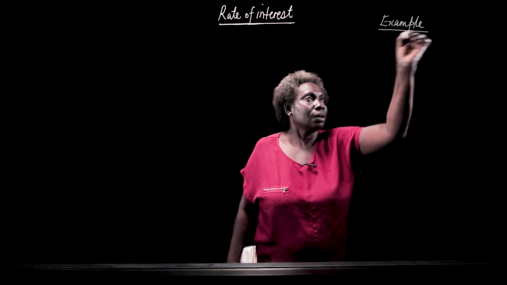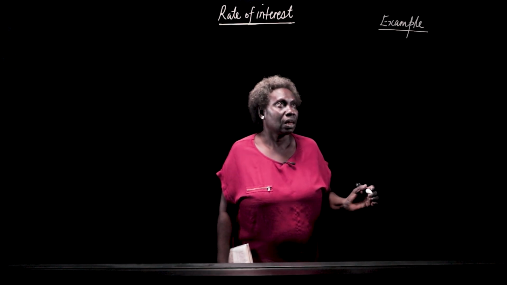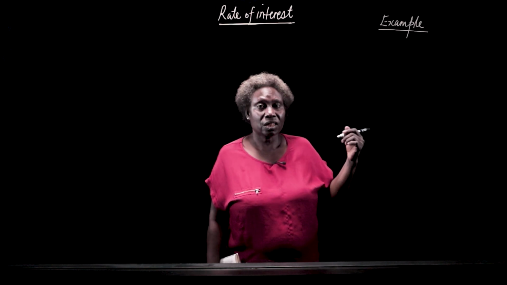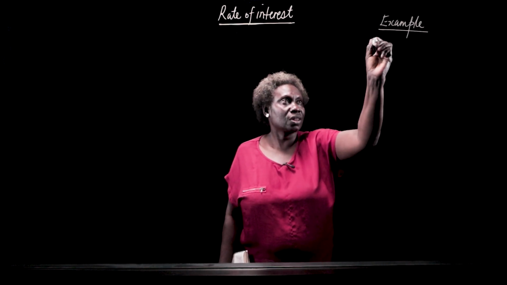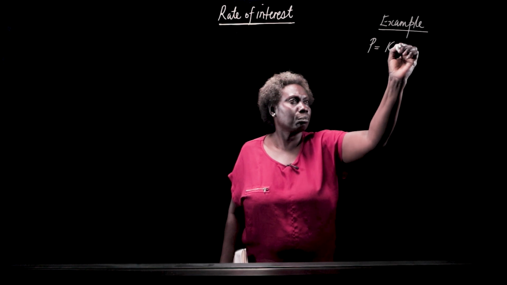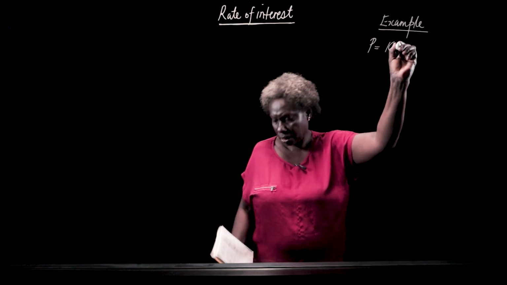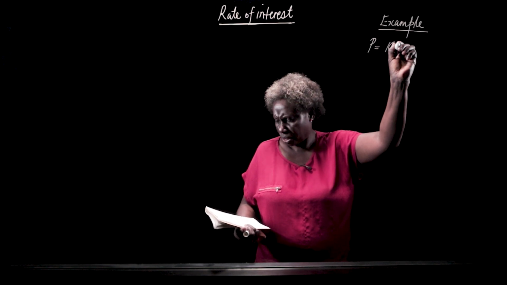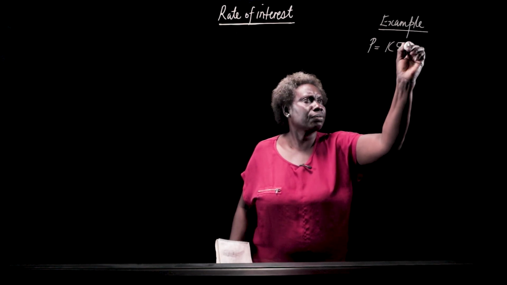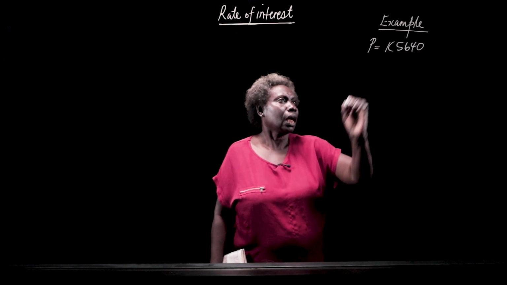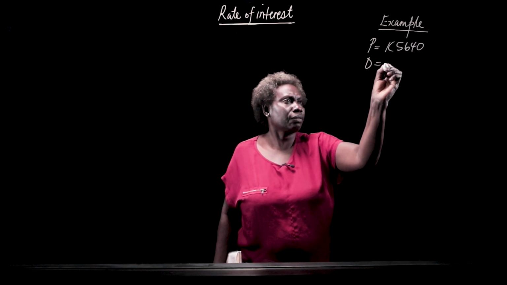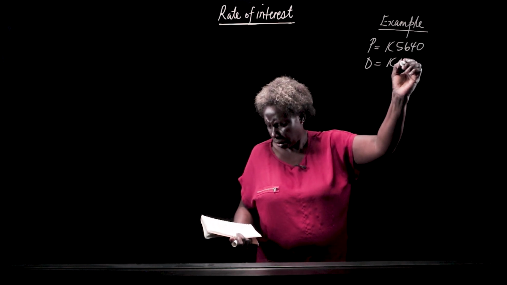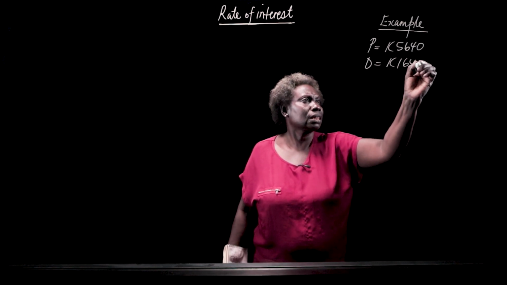Let's say Betty sees an advertisement for a scooter, and the purchase price for the scooter is 5,640 kina, and she will have to make a deposit of 1,640 kina.